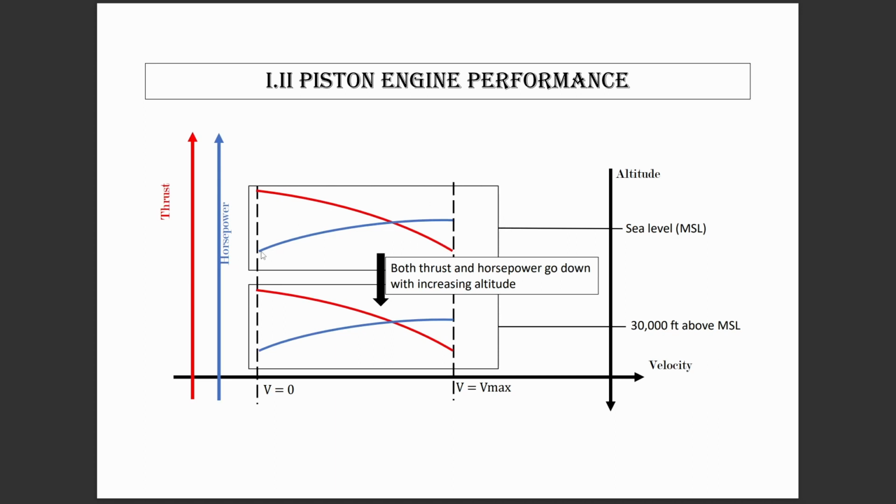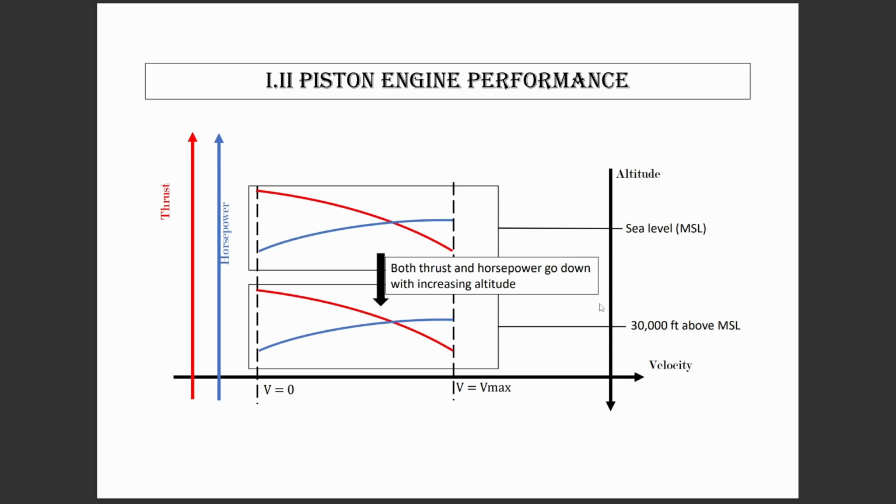And if you remember one of our first lessons, we showed you this graph, how horsepower and thrust behave with regards to speed. So for example, the faster I fly, my horsepower slightly increases, is more or less constant, you could say. And my thrust goes down the faster I fly. Now, what altitude does is it decreases the available manifold pressure, and for combustion to happen efficiently, you need a high pressure.